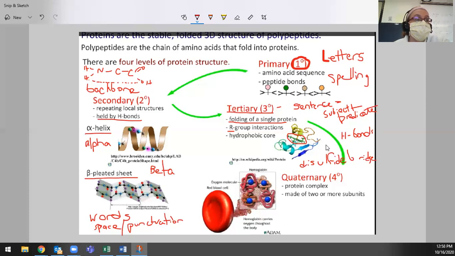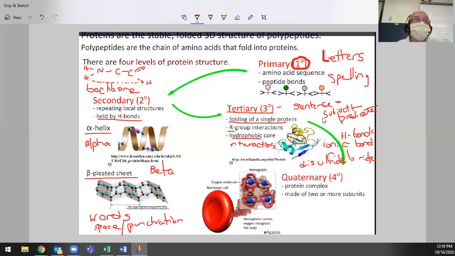It is also held in place by ionic bonds. Some of the R groups do ionize in water, and then the positive ones and the negative ones will attract. And then also hydrophobic interactions. If you're in upper level chemistry, that's also called van der Waals forces. Okay, so there's a lot of different bonding types because there is such a variety of amino acids.